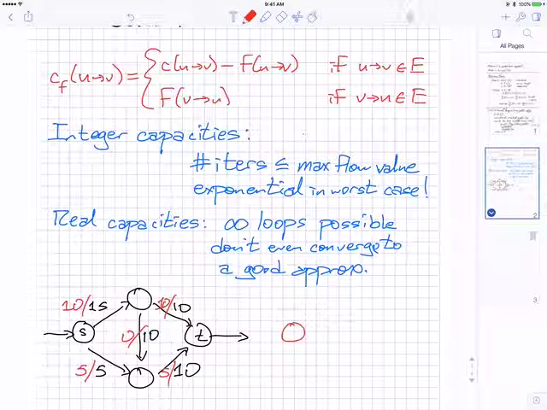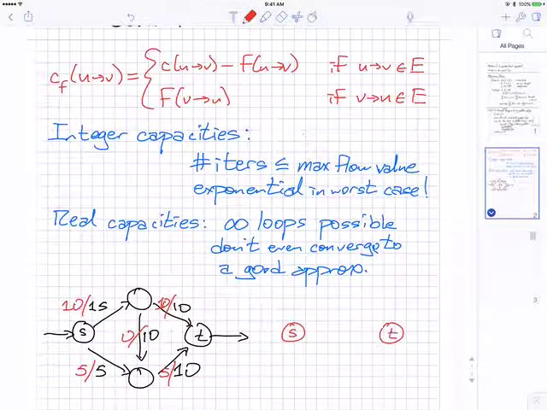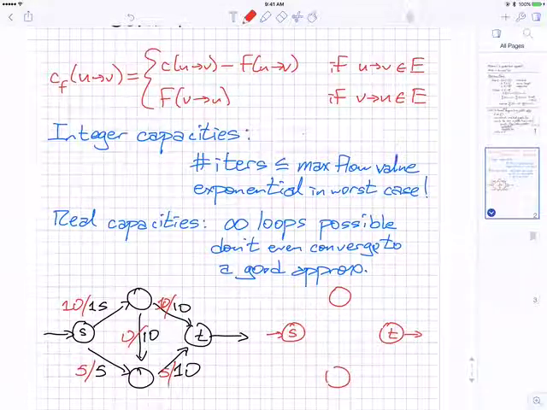Then my residual graph is going to have the same 4 vertices. There'll be an edge going backwards with capacity 5, because this lower left edge is full. The forward edge isn't going to show up because it doesn't have any residual capacity.